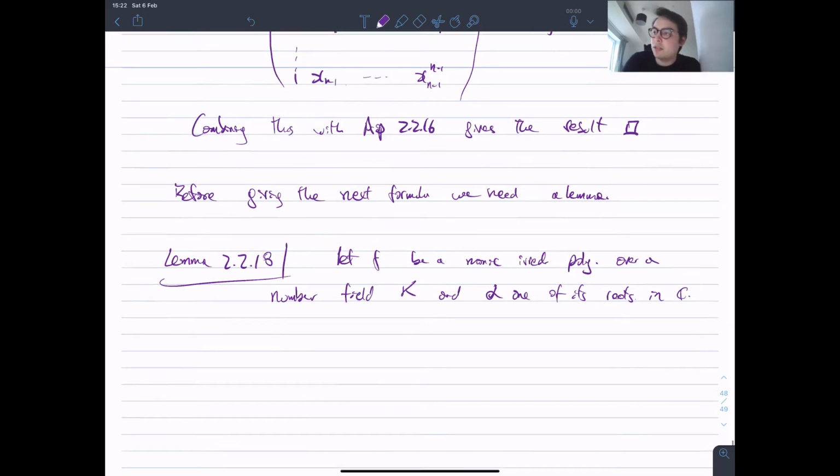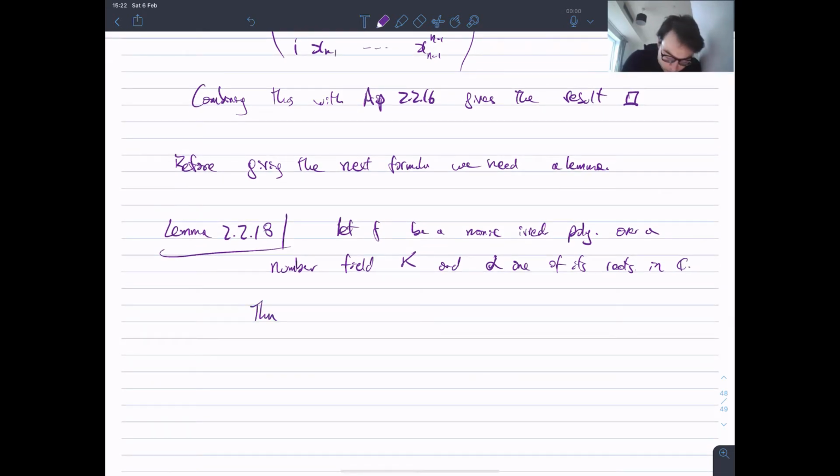One of its roots in the complex numbers. Then if you look at the derivative of f of x and evaluate at alpha, this is the same thing as the product of all roots beta different from alpha of alpha minus beta, where beta are the other roots.